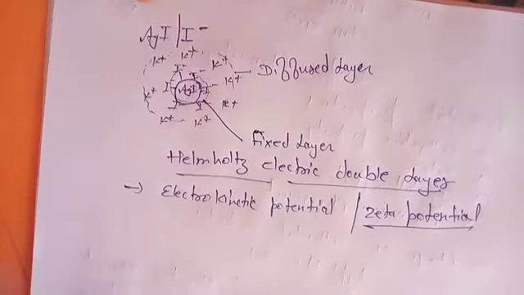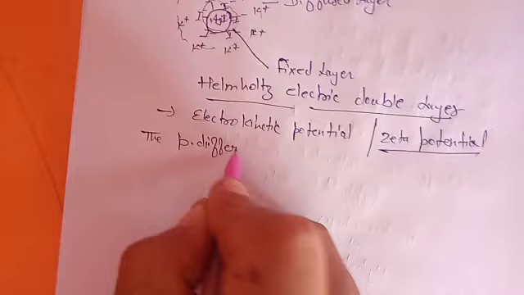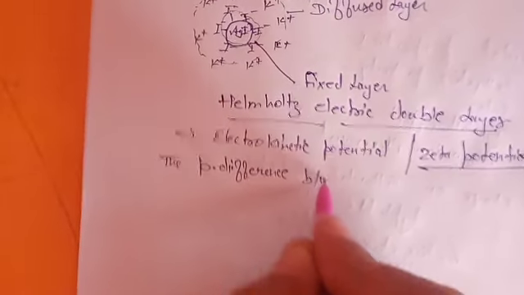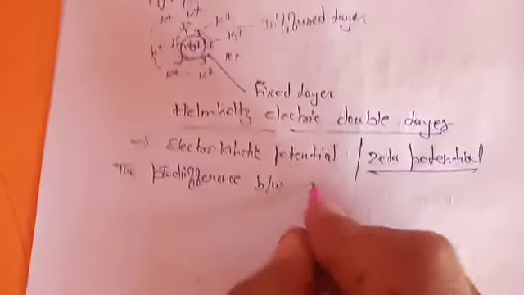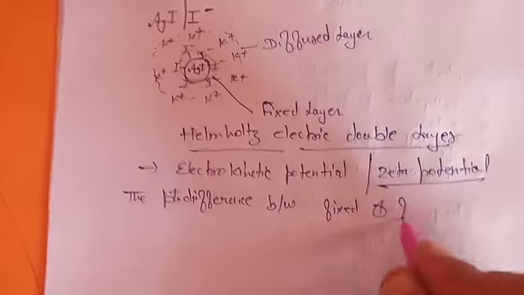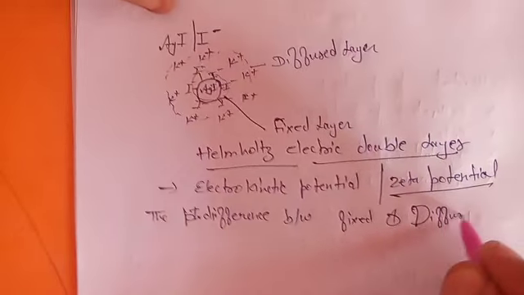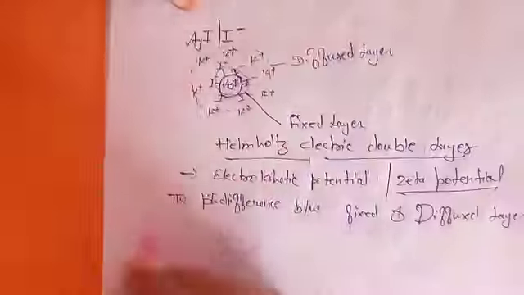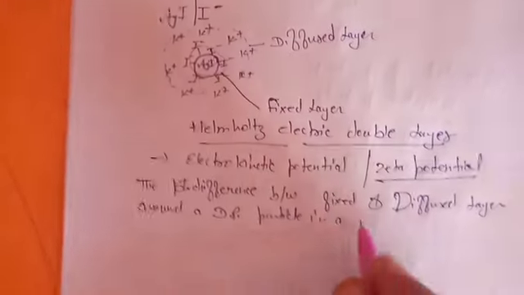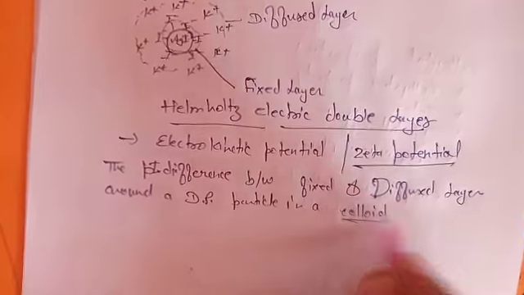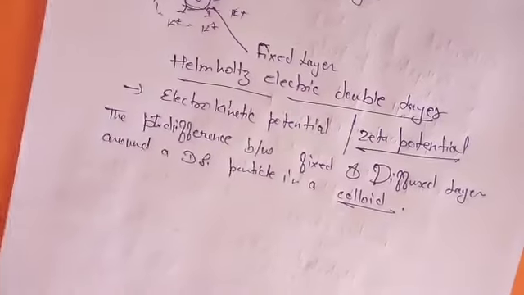Or you can define it as the potential difference between the fixed and diffused layer around a dispersed phase particle in a colloid, termed as electrokinetic potential or zeta potential.